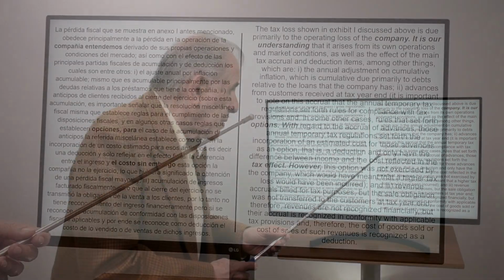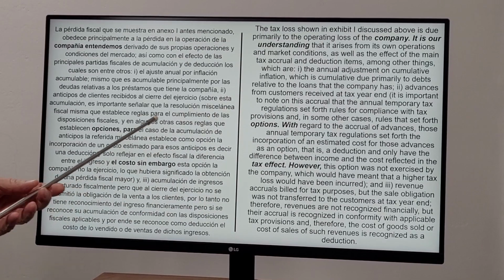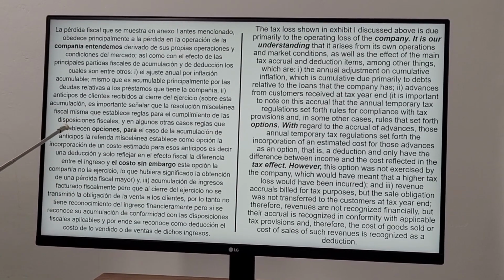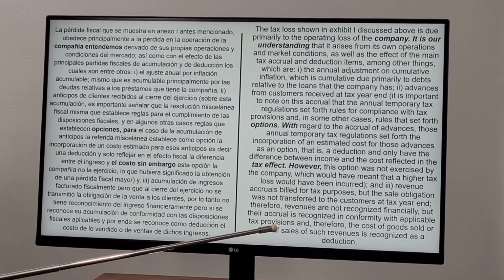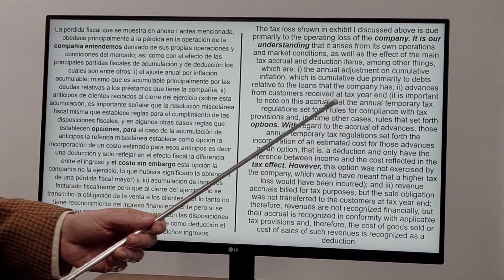We continue with our annual temporary tax regulations. Notice that in Spanish it says misma que, and that to me has no meaning if we try to translate, so we eliminate it.